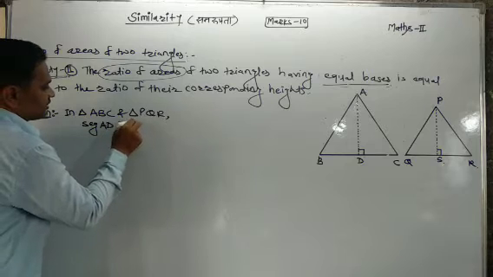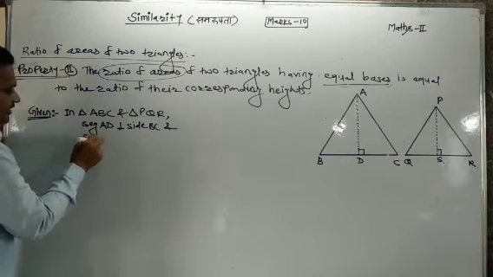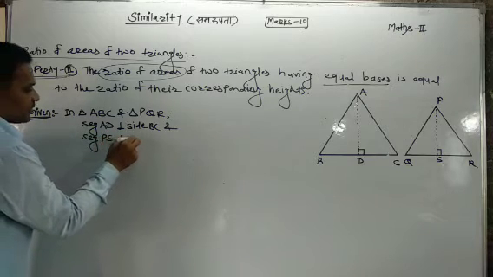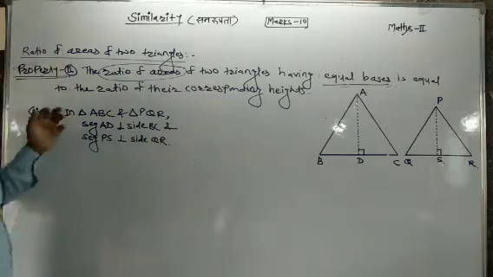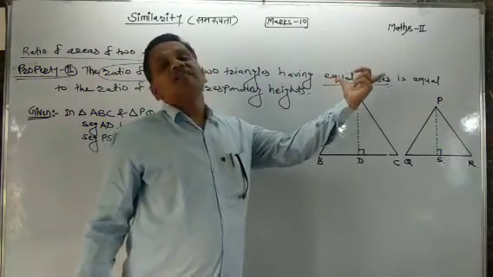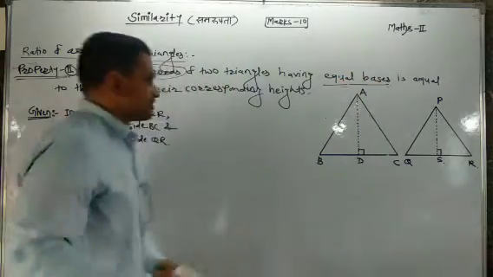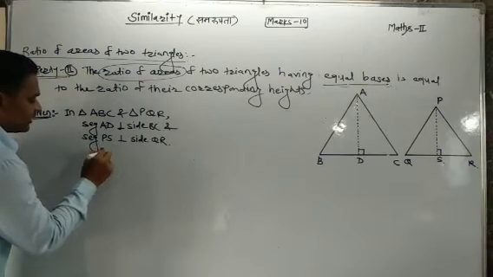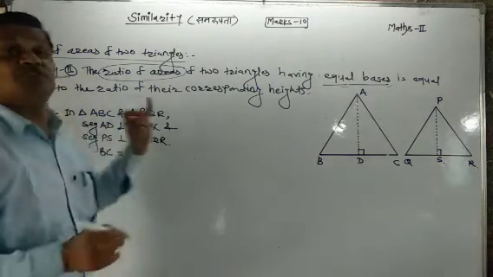And here are two triangles having equal bases. Having equal bases means their bases are equal, means BC equals QR. This is the extra information about these two triangles.